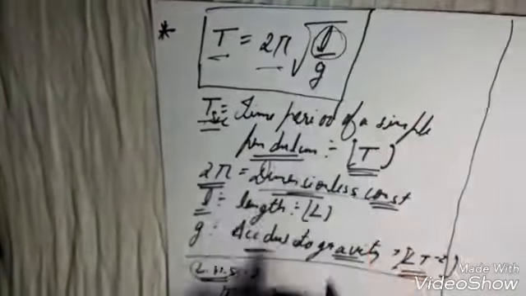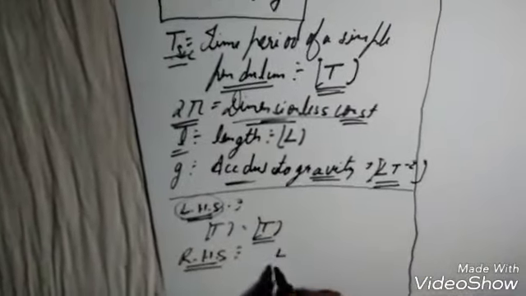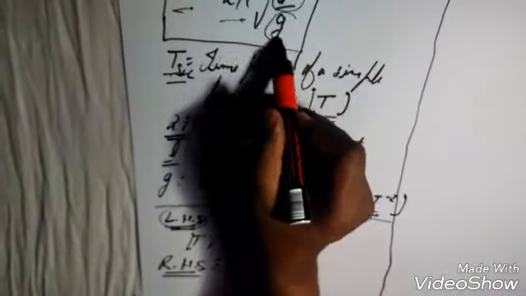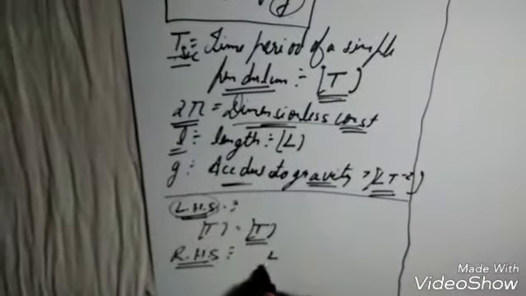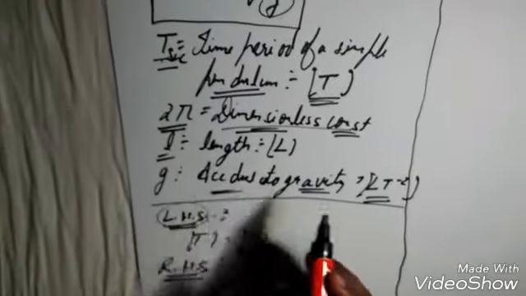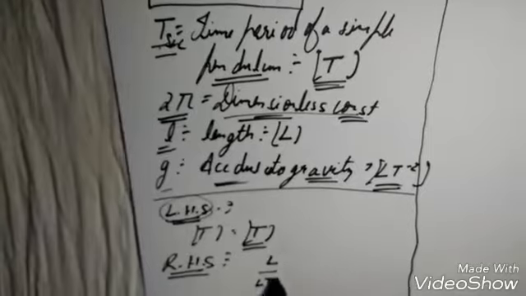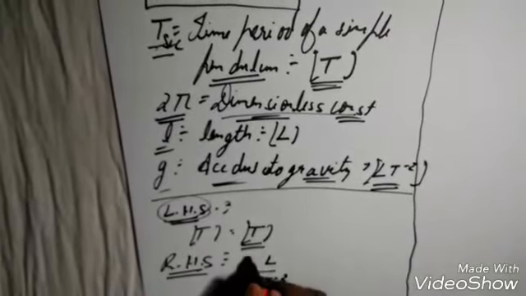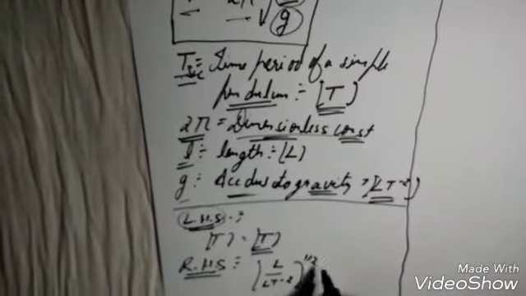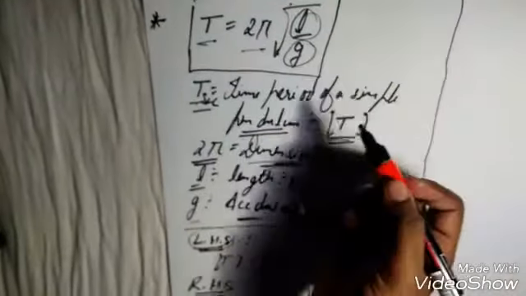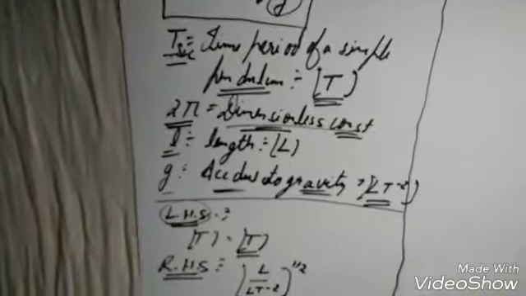The second term is L, which has a dimension formula of L. And the third term is small g, the acceleration due to gravity, which has a dimension formula of LT^-2. They have a power of 1 by 2 over them, as the under root can be written as power 1 by 2.